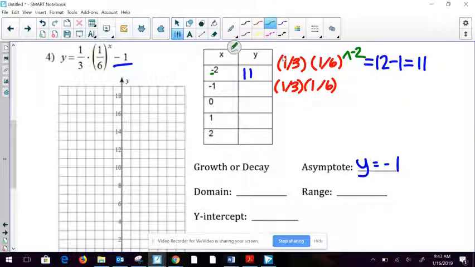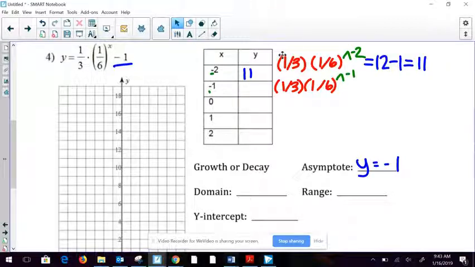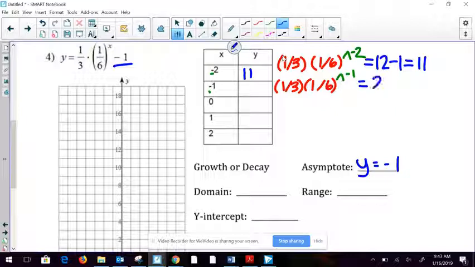My exponent button. And what's my next number? You guessed it, -1. Now I hit the equal sign. And what does that give me? Good, it gives you 2 minus your asymptote equals 1. So my next value is 1. Hit pause and try this for the next 3.